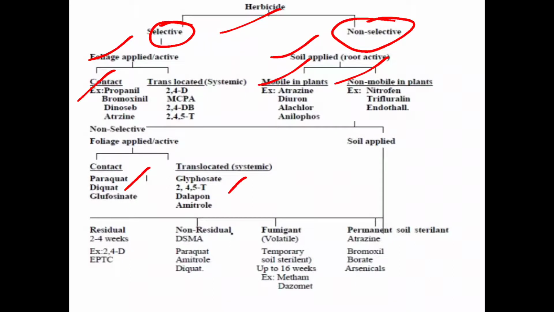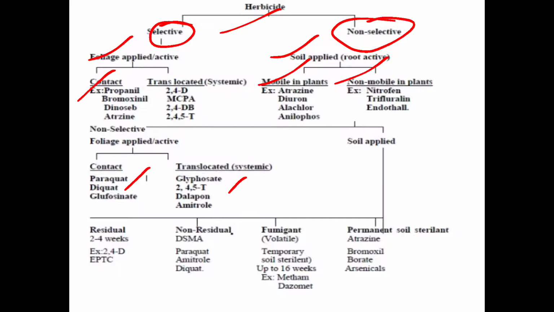Then soil applied herbicides. Among these, residual herbicides are those whose toxicity remains in the soil for 2 to 4 weeks. Examples are 2,4-D and EPTC. Then non-residual herbicides like DSMA, paraquat, diquat or amitrol.